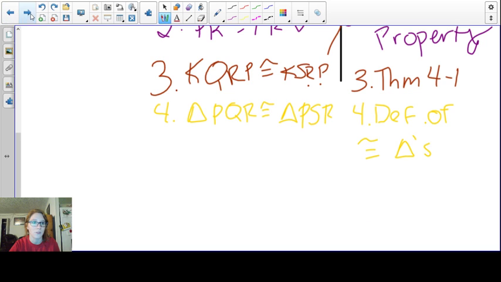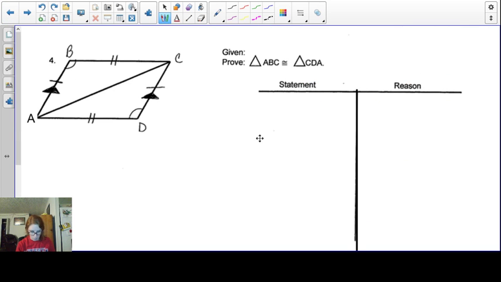What I want you to do is try and see if you can tell me what's been given in this next example. Show me that you know what is going on. So I meant to pause the video.